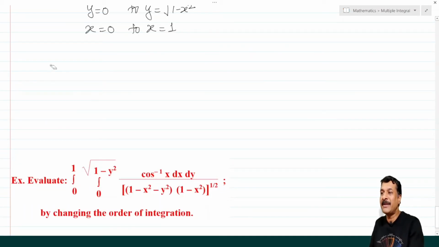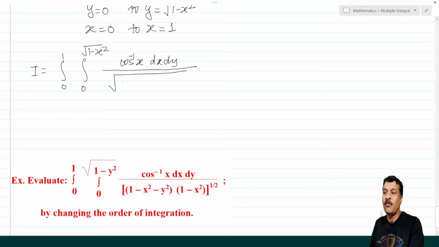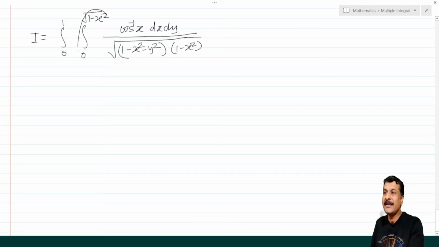That is why I am getting I equal to, with the new limits 0 to 1, integration 0 to under root of 1 minus x square, and the integrand the same as it is, cos inverse x dx dy upon under root of 1 minus x square minus y square into 1 minus x square. Note that here the inner integral contains y, so integrate with respect to y.